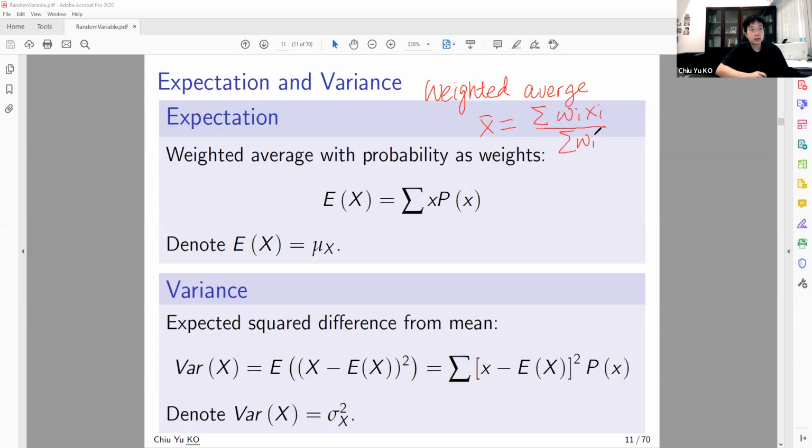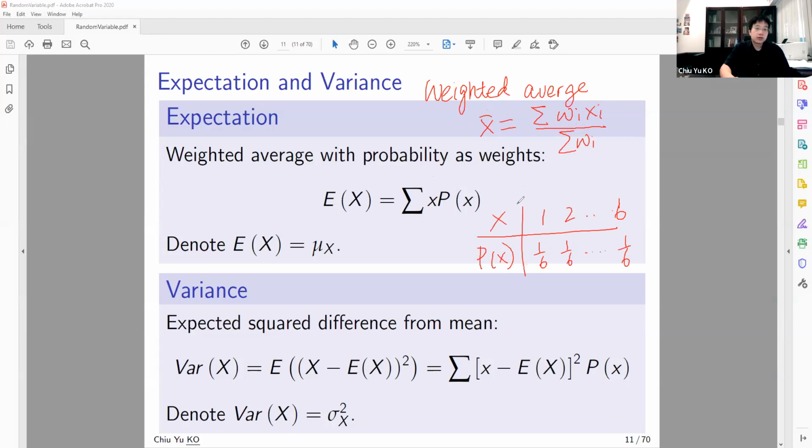I hope you still remember this. Now X can have different values, maybe 1, 2, up to 6 in the example there, and P of X can be 1/6, 1/6, 1/6, but it can be any value.